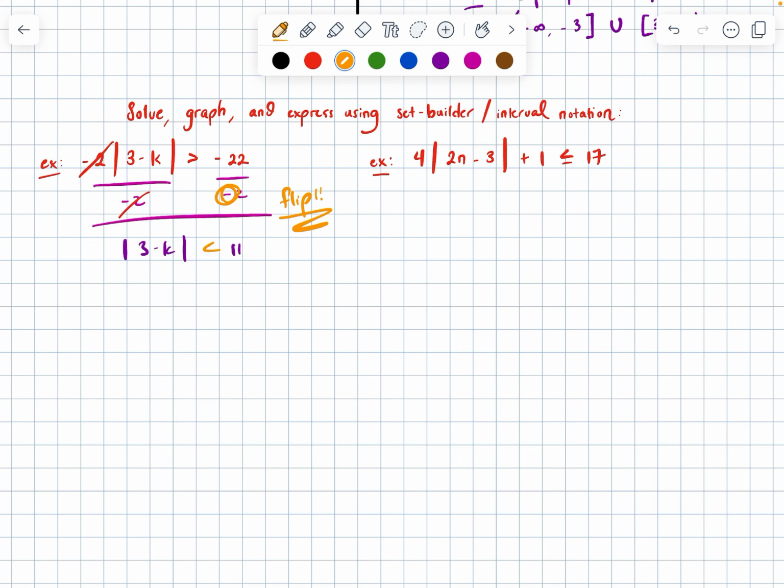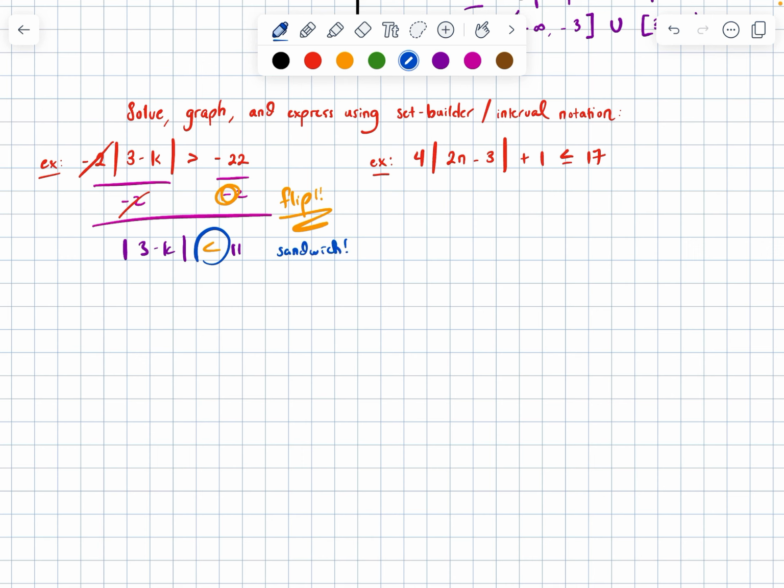Now, the absolute value is by itself. I'm going to interrogate my symbol. I see a less than. What does a less than tell me? Well, I need the absolute value to be closer to 0 than 11. So instead of being at 11, I need to be closer to 0. I need to be on the insides of the 11 and the negative 11.